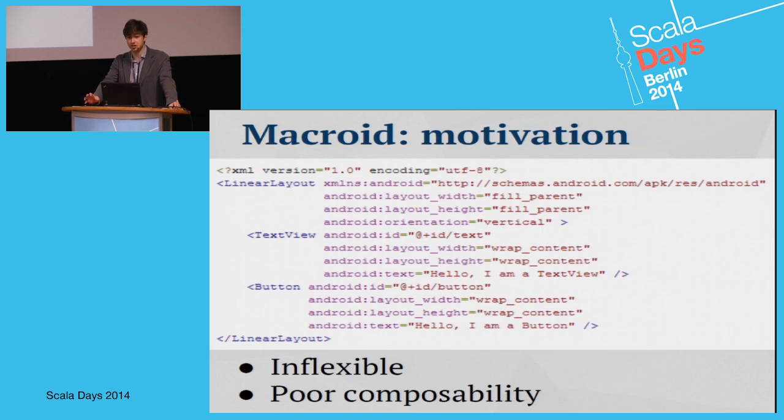So if you need to attach on-click handlers, you have to go to Java code, and also now you have two things to manage. And you can only put one graphic layout, so buttons and text boxes, in one XML file. So if you have like 100 smaller pieces that you want to combine together, you need 100 files.